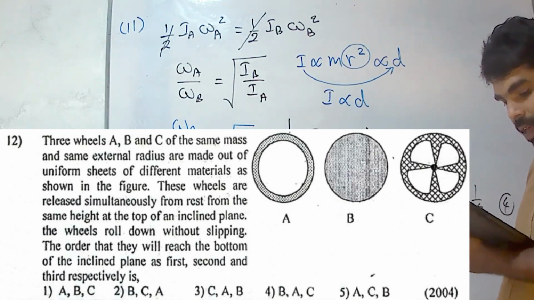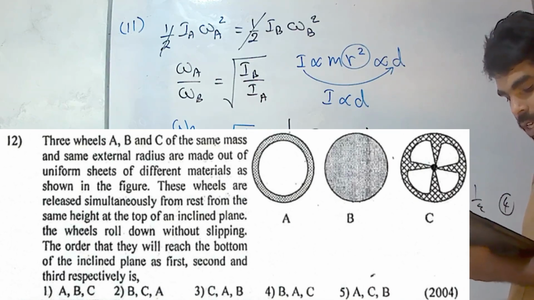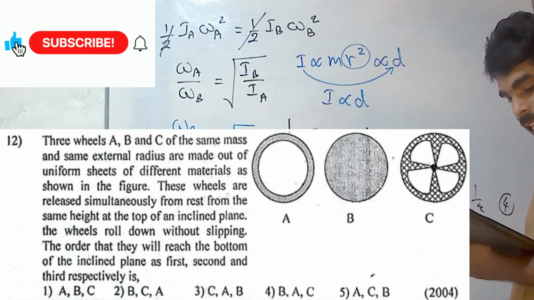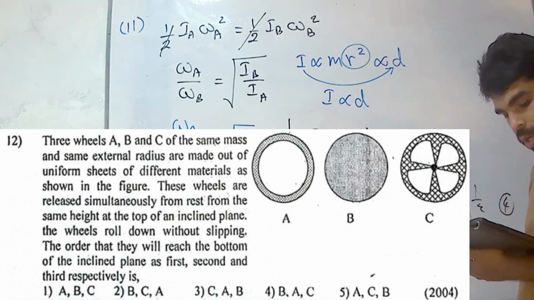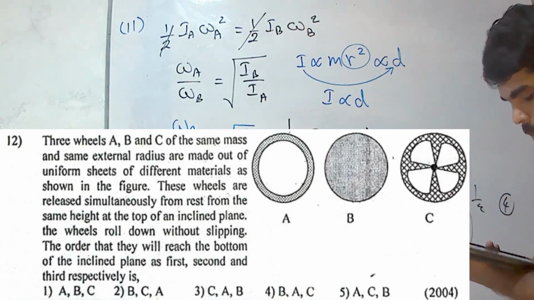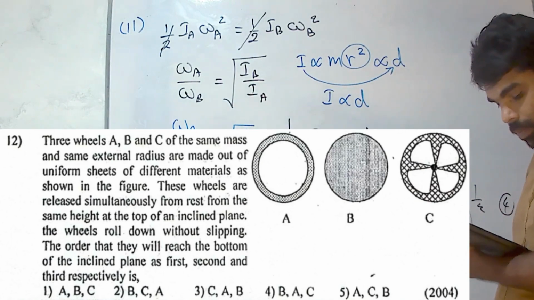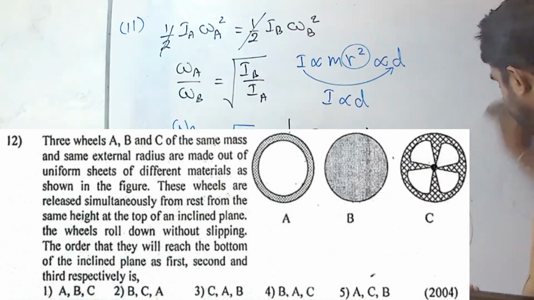These wheels are released simultaneously from rest from the same height at the top of an inclined plane. The wheels roll down without slipping. They reach the bottom of the inclined plane in the order first, second and third respectively.